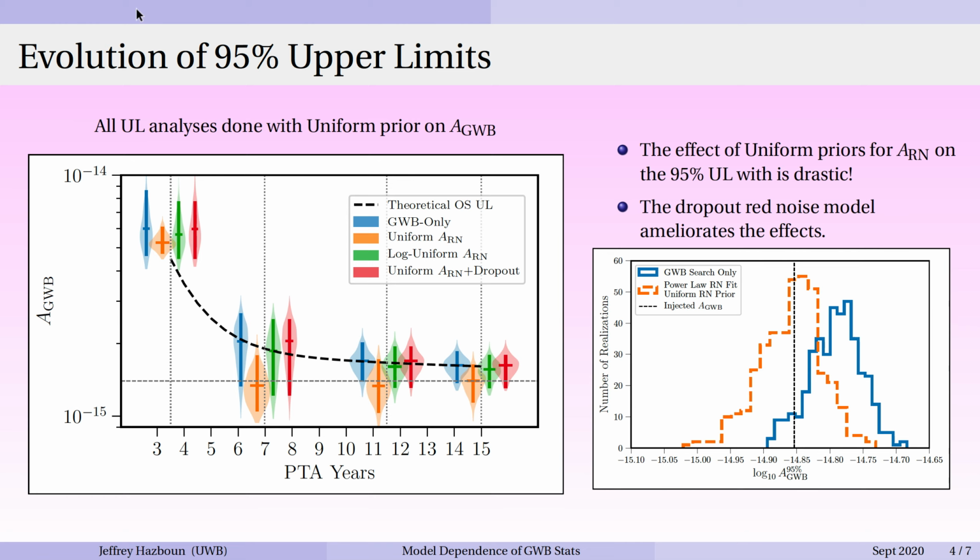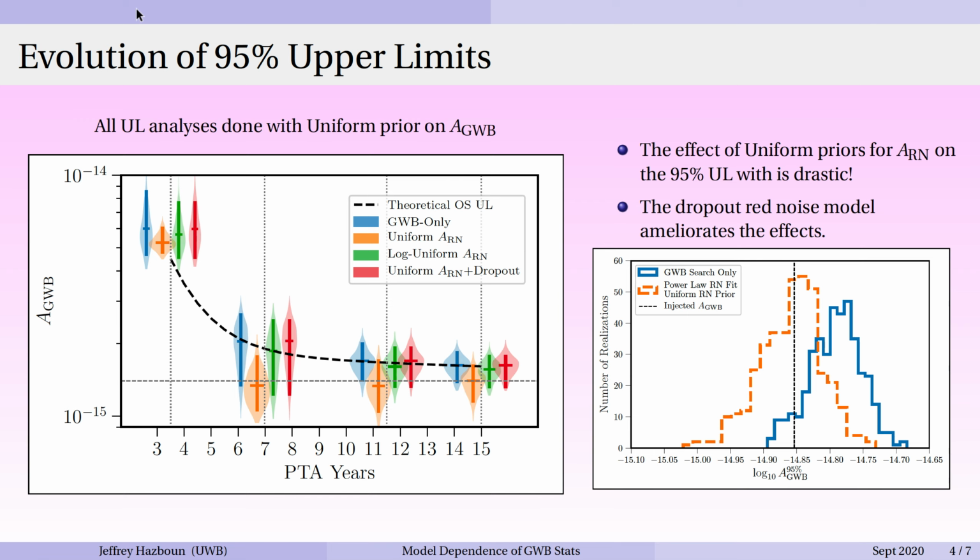The effect in these simulations was definitely the most drastic when we looked at the 95% upper limits. And on the left here, these are now the distributions of the upper limits from a number of sets of analyses. And these are all run with a standard uniform prior on the gravitational wave background, and then different priors on the amplitude.